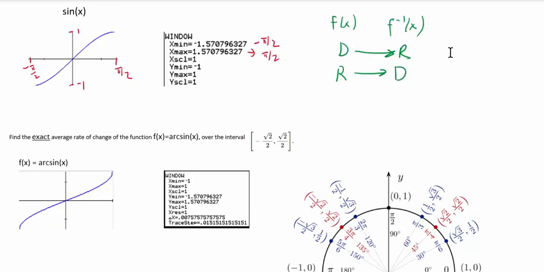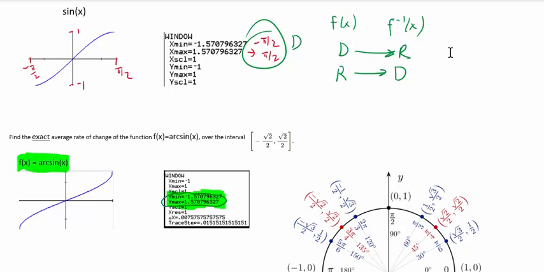So notice that although we restricted the domain of the sine function between negative pi over 2 and pi over 2, that becomes the range of the inverse sine. So notice for the function arcsine of x, I have my window, my y min and y max, going from negative pi over 2 to pi over 2.